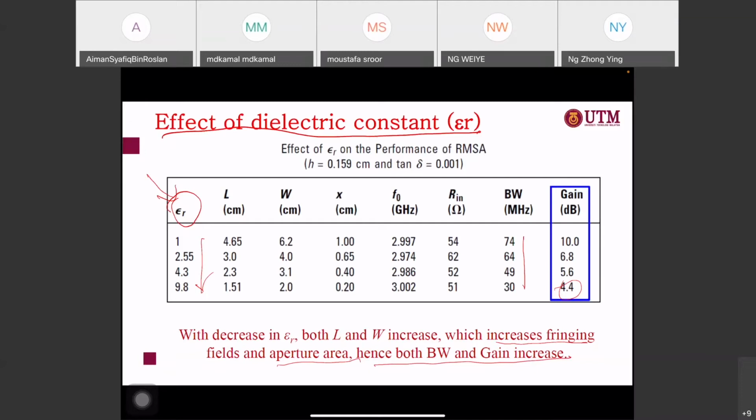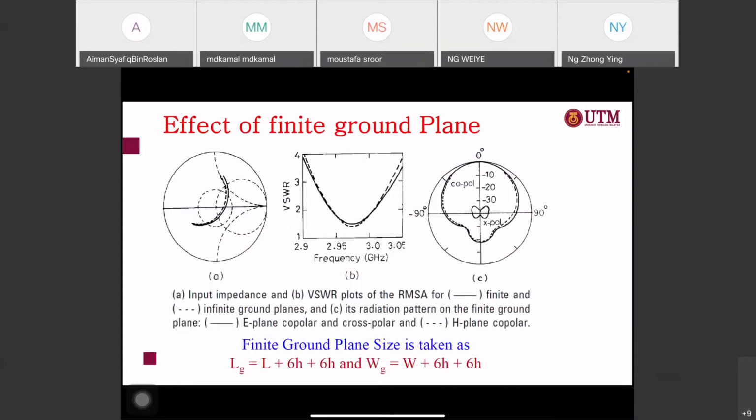This is why you need to have a certain epsilon R in order to compromise between the bandwidth as well as the gain. If epsilon R is very high, the bandwidth is also very small compared to a lower epsilon R. Okay, so this one is the effect of the finite ground plane here.